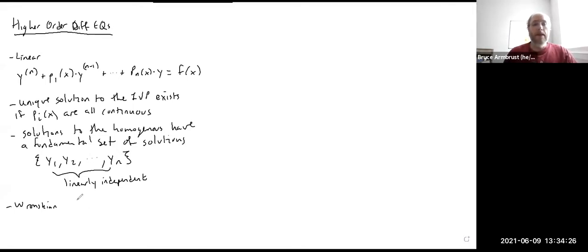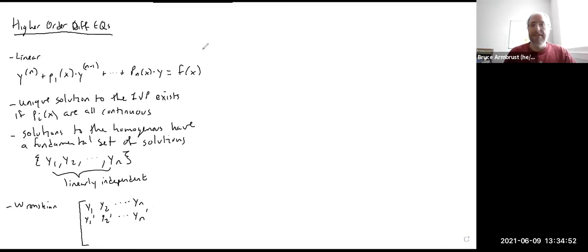So now for our Wronskian matrix, we're going to have y1, y2, all the way to yn. The second row again is going to be their derivatives: y1 prime, y2 prime, yn prime.